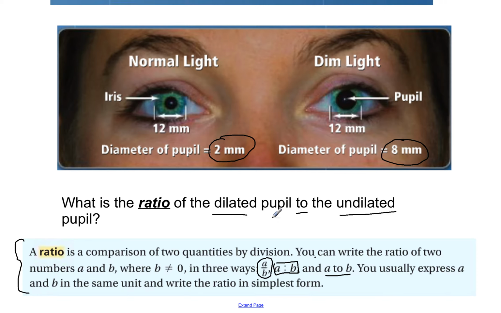So we would say the dilated to the undilated, the dilated, which is 8 millimeters, to the 2 millimeters, is 8 to 2, or you can write it as 8/2. And we usually like to reduce our fractions, so we can also write this as 4 to 1, or we can write this as 4/1, like that. Okay, so the ratio of the dilated pupil to the undilated pupil is 4 to 1.